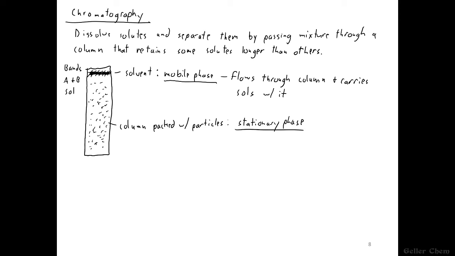The stationary phase, on the other hand, is a substance that stays fixed in the column and interacts with sols. In other words, slows them down.